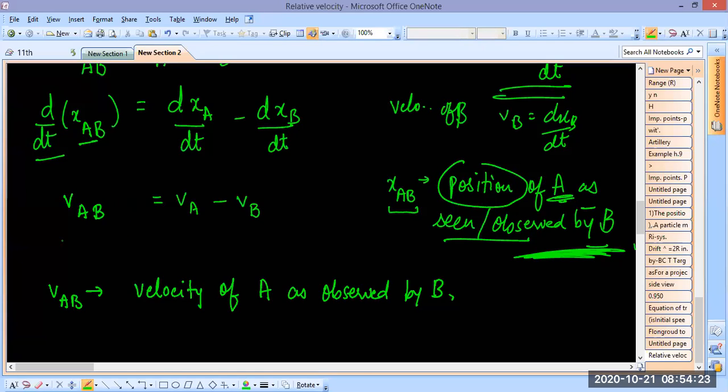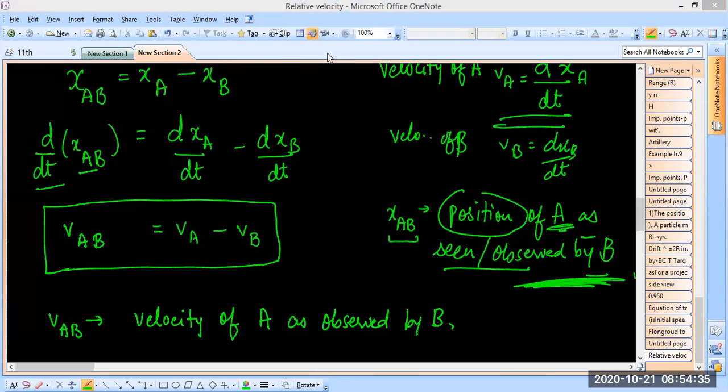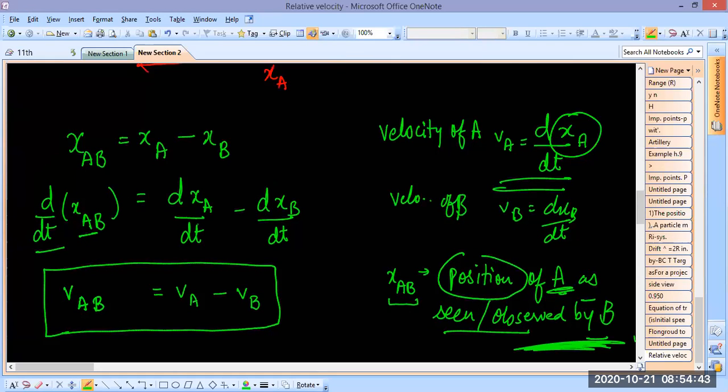Okay, is the maths clear till this equation? Again, it's just what we have learned earlier. Differentiation of position of A is velocity of A. Differentiation of position of B is velocity of B. Here B is observing A, so that is the position of A as observed by B. If you do its differentiation, you get vab.